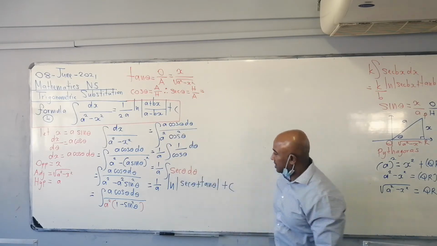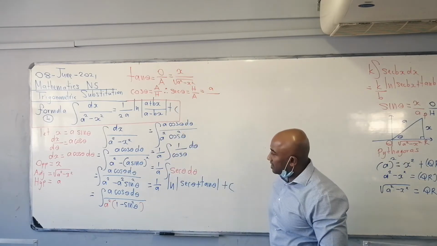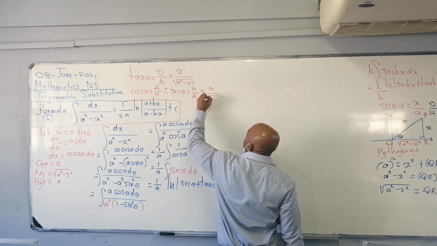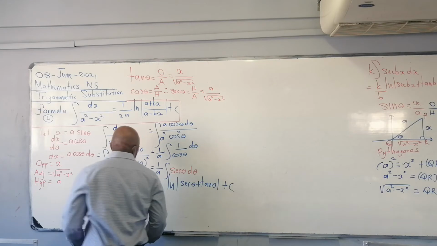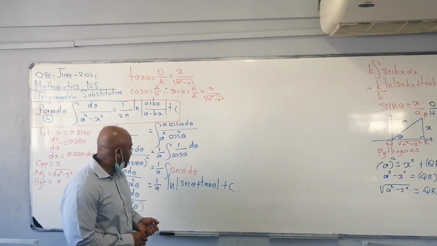What is the hypotenuse? It is a over the adjacent side, which is the square root of a squared minus x squared. Right. So now I'm done with the problem. It's just about substituting back.